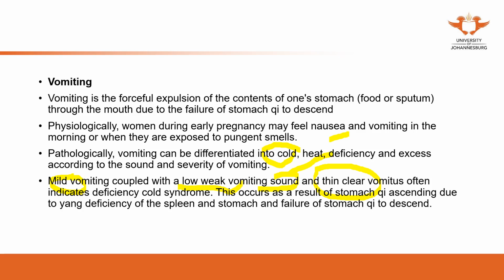Mild also can indicate deficiency, or mild excess. So that's how to summarize from the symptoms to the conclusion. It can be yang deficiency. The stomach coldness is from yang deficiency of the spleen and stomach.